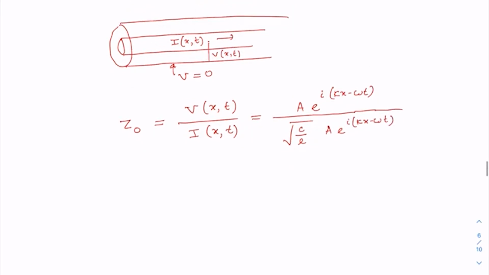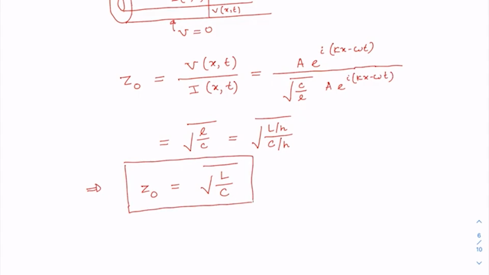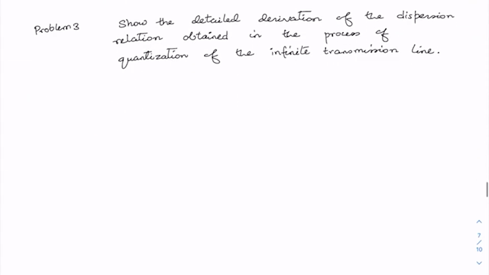Therefore Z0 I can write as square root of small l by small c, which you can also write as total inductance per unit length L by total capacitance per unit length C. So this characteristic impedance is generally written as square root of capital L by capital C. This is the well-known expression for the characteristic impedance of a transmission line. Let us now work out this problem.